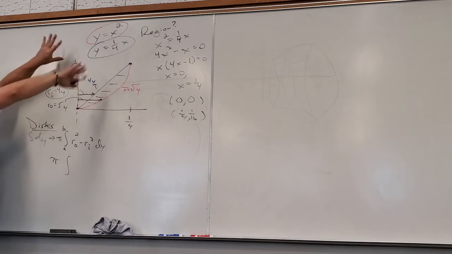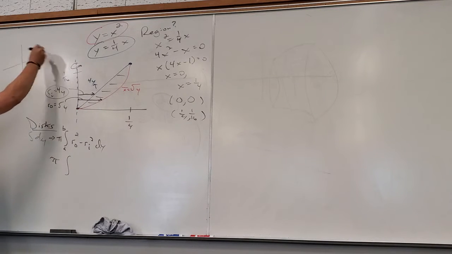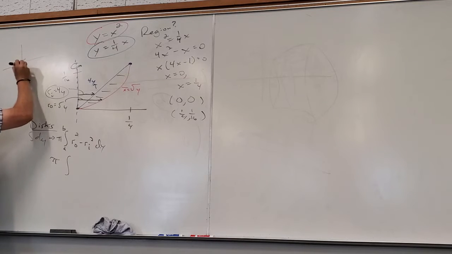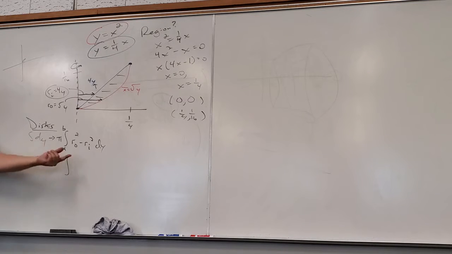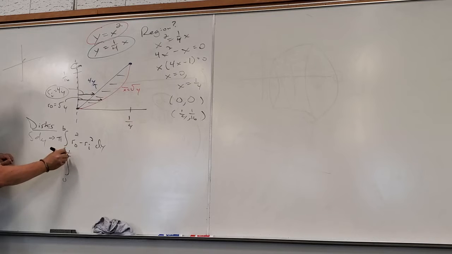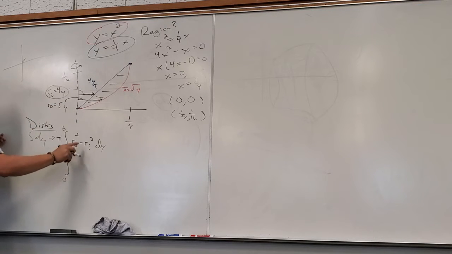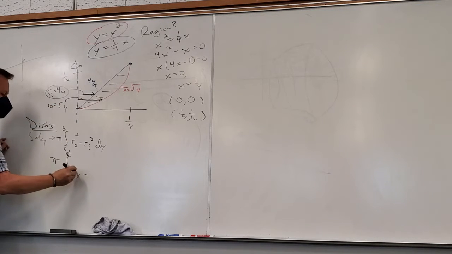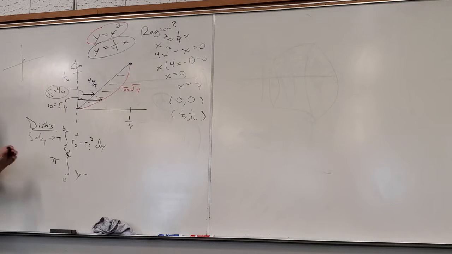Make a good scale so you can see what's going on. Write this down so you can reference it all the time. So the limits will be 0 to 1/16. R outer was square root of y squared, which is y. That kicks so much ass.